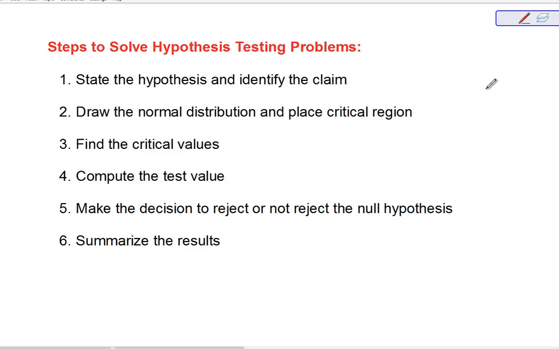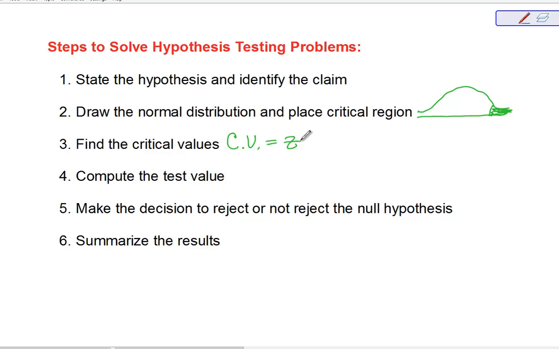Then you want to draw the normal distribution and place the critical regions on there, just like we were doing a moment ago, putting the alpha in whichever side it was, and shade that area. Then you want to find those critical values, the z that we looked up on the table.